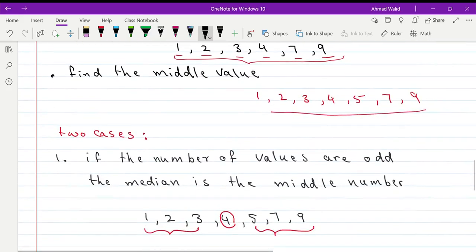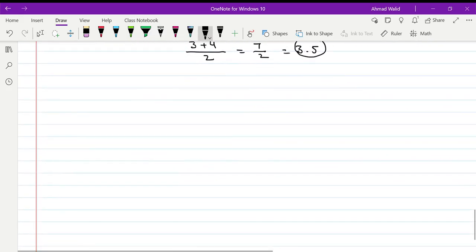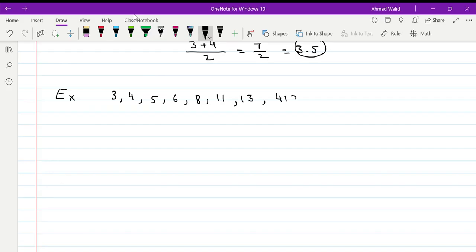Let's do this example and find the median for it. We had 3, 4, 5, 6, 8, 11, 13, and 412. To find the median, is this data set even or odd?